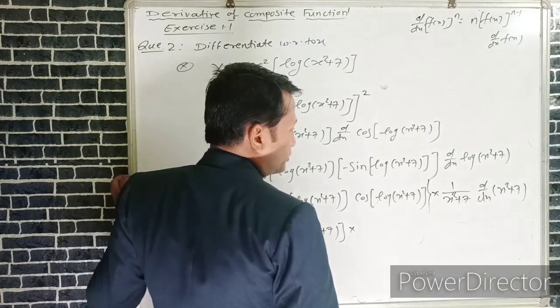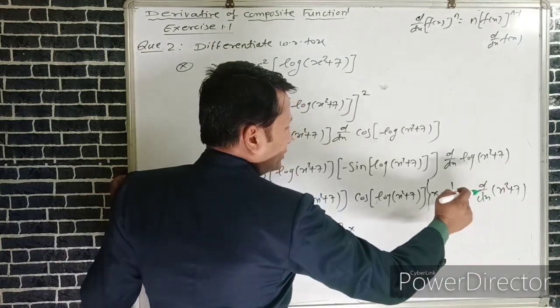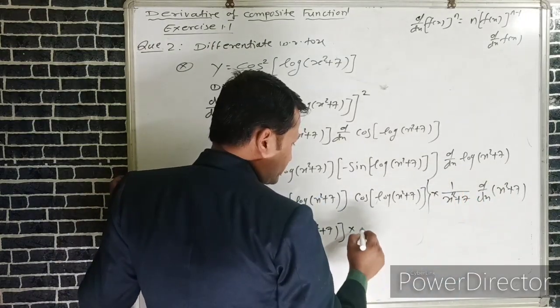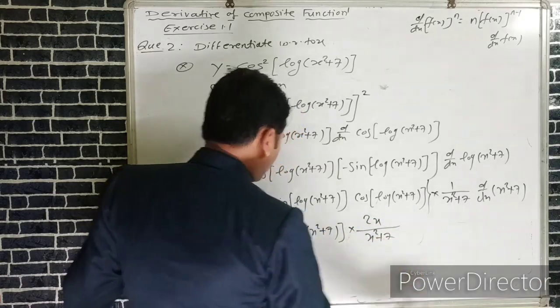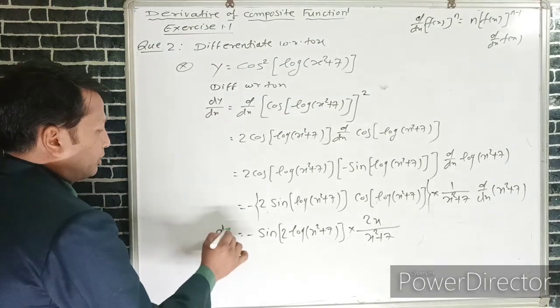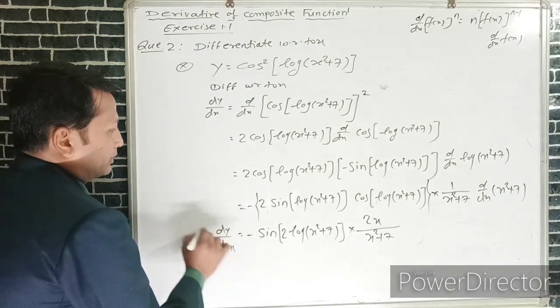Hence 2x plus 0 is 2x. 2x into 1 is 2x. Hence we can write 2x upon x square plus 7, which is the required derivative of y, dy upon dx.